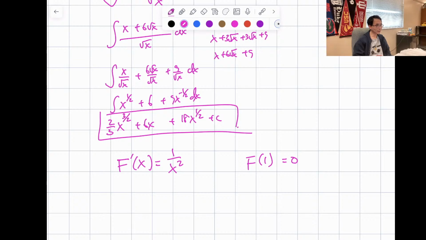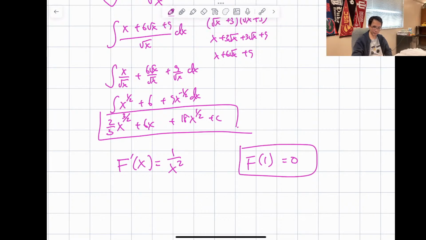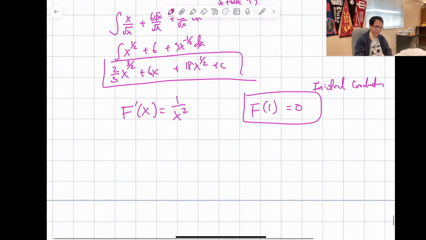You should be doing plus C all the time. Okay, so now let's talk about why plus C is important. This is called an initial condition. You need an initial condition. So therefore, I can take the integration of 1/x², which should give you f of x.